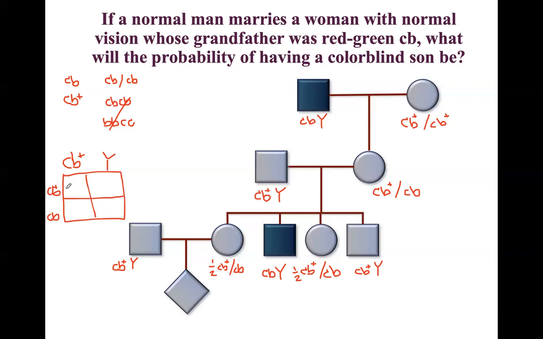Now we can fill this in. This is CB plus CB plus. This is CB plus Y. This is CB plus CB. And this is CB Y.